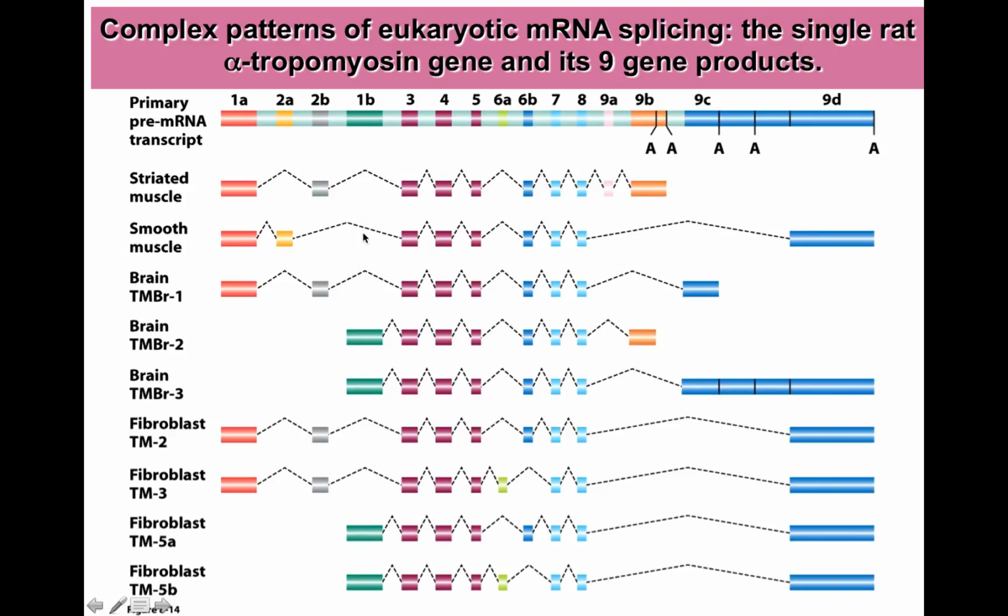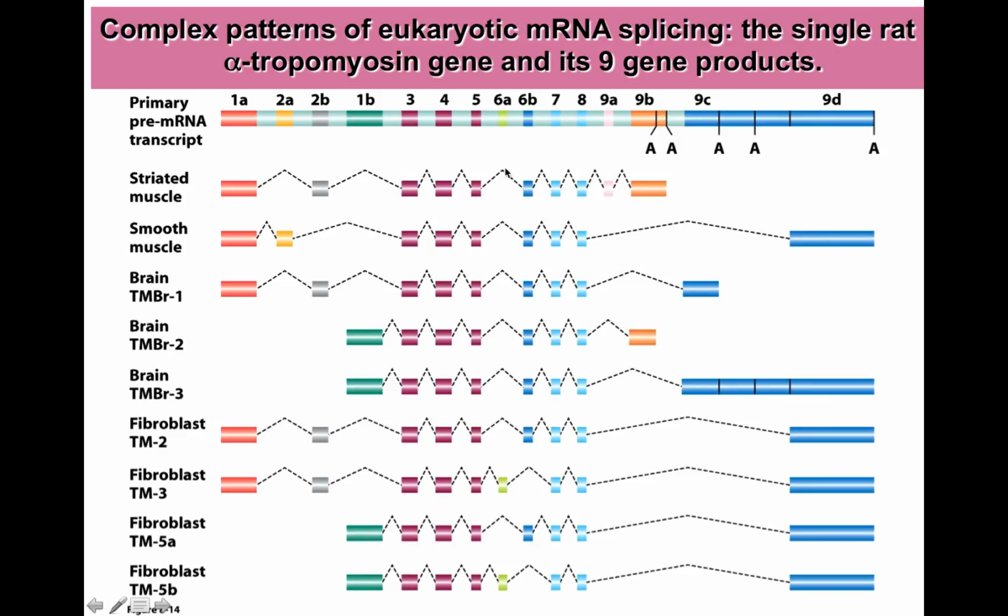Neither one of these transcripts includes 1B. So during the splicing process, we splice out this region here for striated muscle. For striated muscle, we remove this region here. We keep exons 3, 4, and 5. If you notice, all of the proteins keep exons 3, 4, and 5.